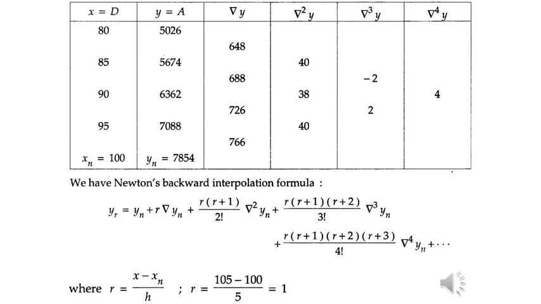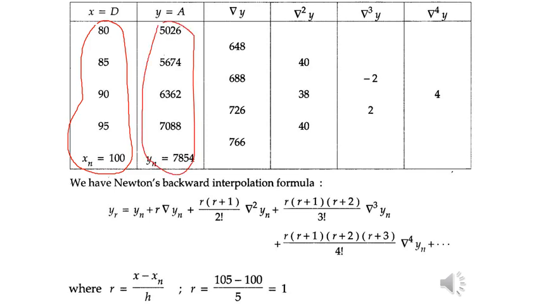So as I said, we have taken the diameters as the values of x, areas as the values of y, and we have constructed a nabla y column here because we are using backward interpolation formula here. Nabla square y, nabla cube y, nabla to the power 4 y.